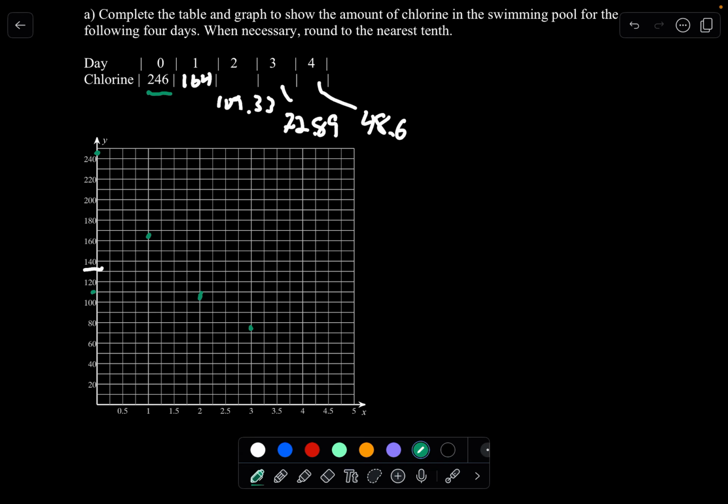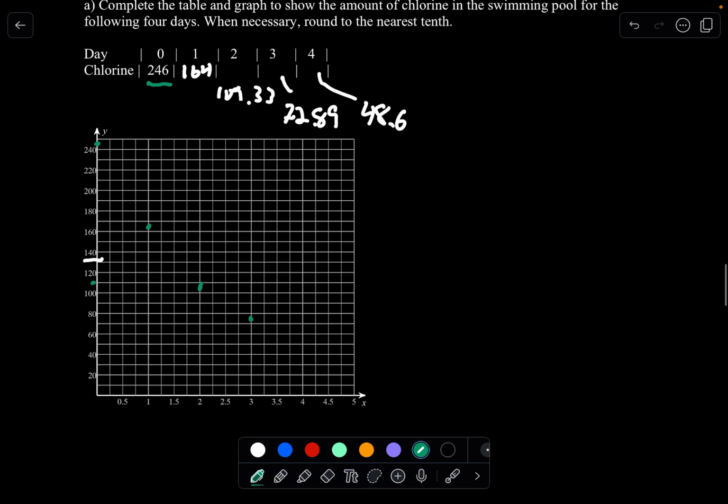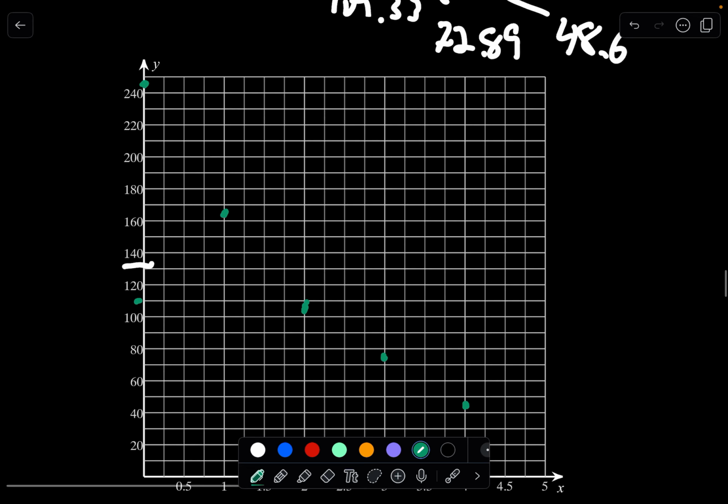Okay. So day 4, we're at 48.6, which is right there. And you can see that that is not a straight graph. That's not a line.